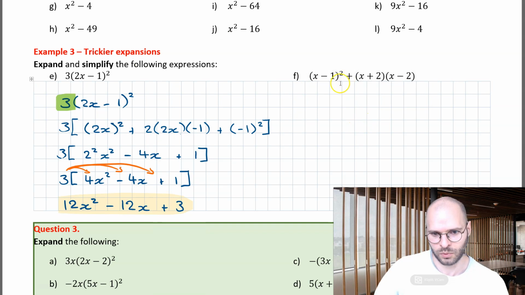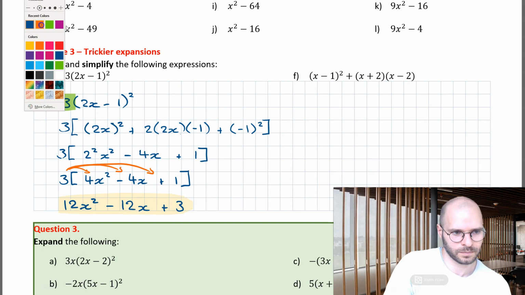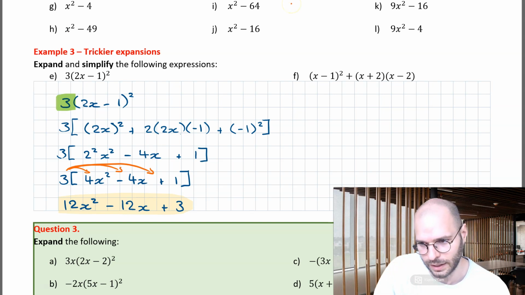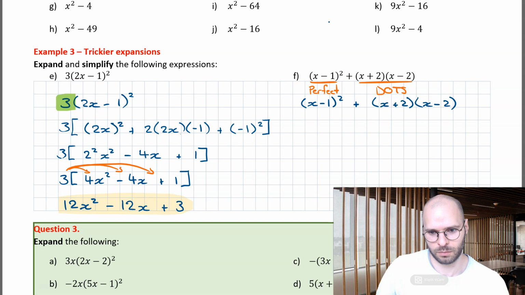Okay, next example, we have x minus 1 all squared plus x plus 2 times x minus 2. So we're dealing with an expression where we have a perfect square and we have a dots situation. So expanding this out, we can expand both as we traverse down the page.